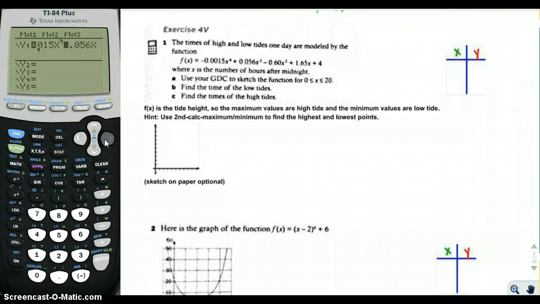And then the next one is 0.056 x cubed. And the next one is 0.6 x squared, plus 1.65x plus 4.